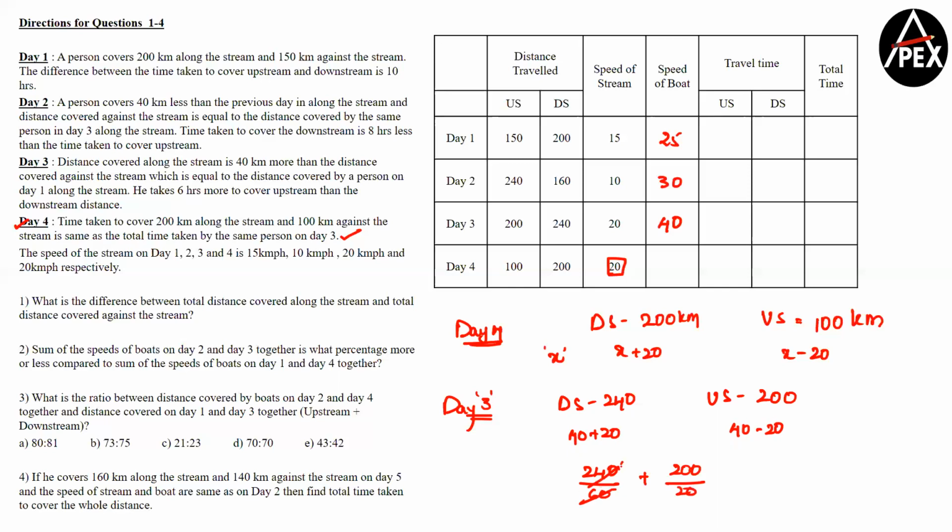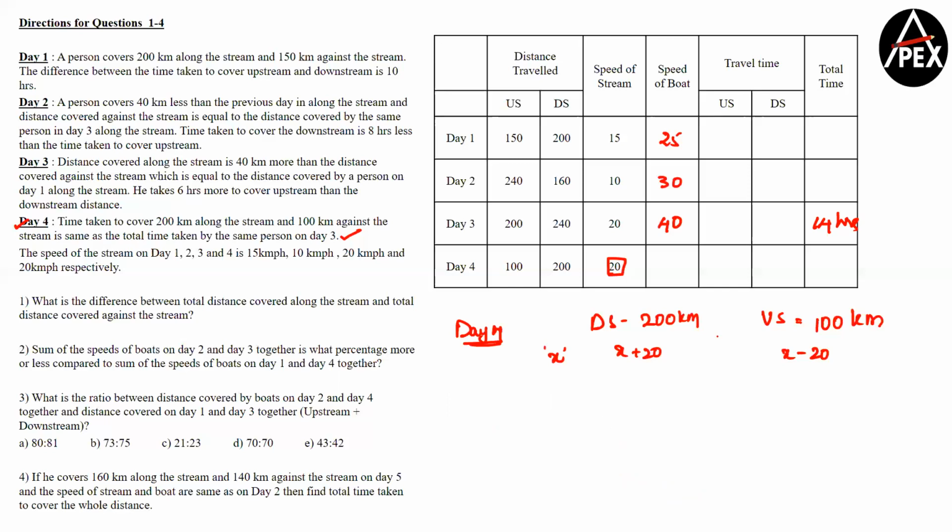So this is 4 and this is 10. So time taken on day 3 is 14 hours. Now it is given that time taken on day 4 is equal to time taken on day 3. So 200 by x plus 20 plus 100 by x minus 20 will be equal to 14.